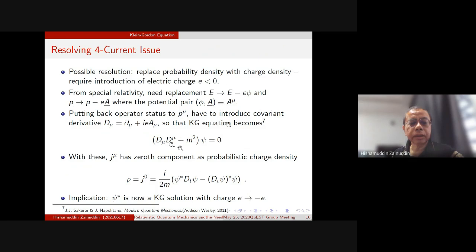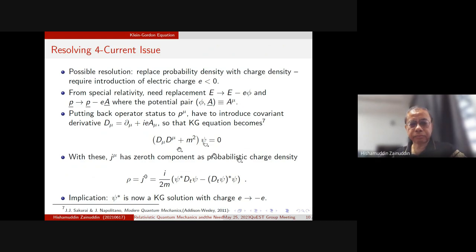Once you do this, it takes care of your zero component, because now we have a different interpretation. Instead of simply probability density, we have a probabilistic charge density, and charge can be negative.